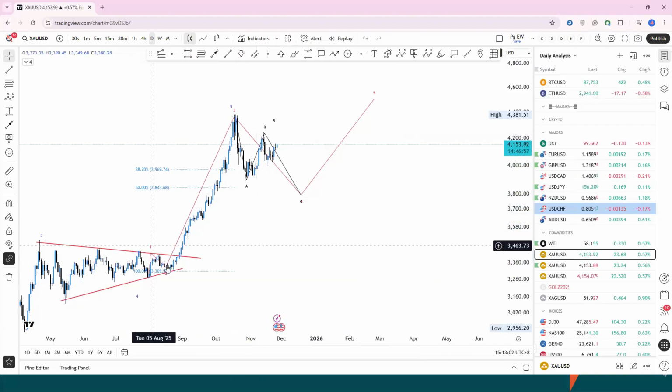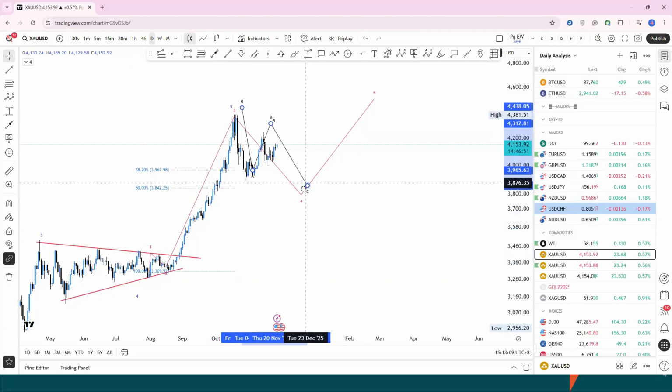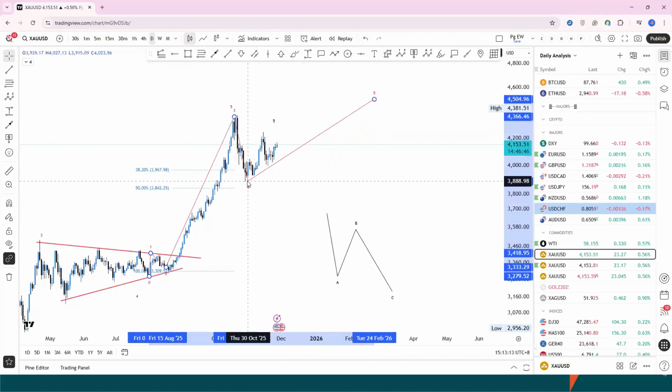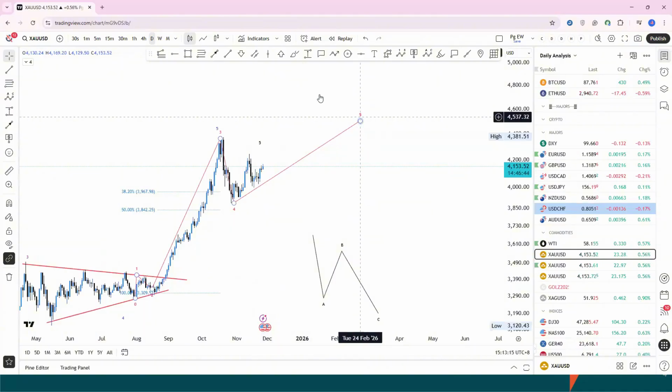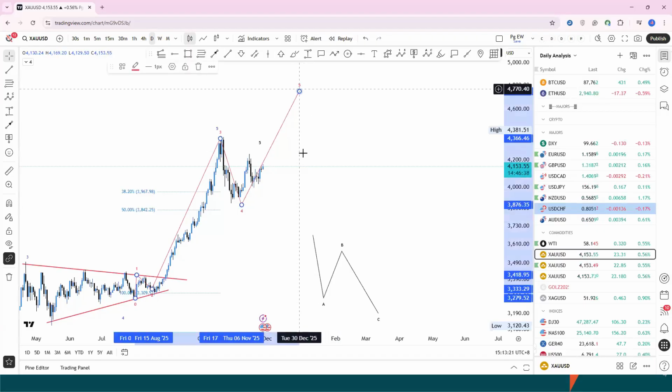If this is 1, 2, 3, and if this is going to be 4, meaning that my 5 is going to be there. My 5 is going to be there, right? This is another scenario.